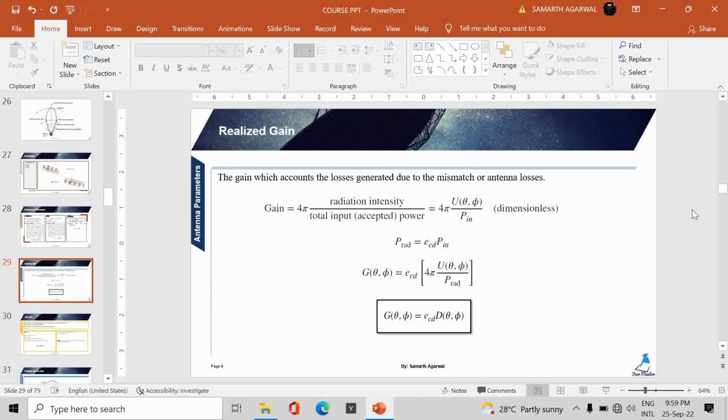Realized gain means when losses are not counted during the realizing of the gain or any other parameter. In CST, generally the realized gain is somewhat lesser than the gain shown in the normalized way. There are two options, IEEE gain and realized gain, but at that time also we are seeing only the normalized gain.